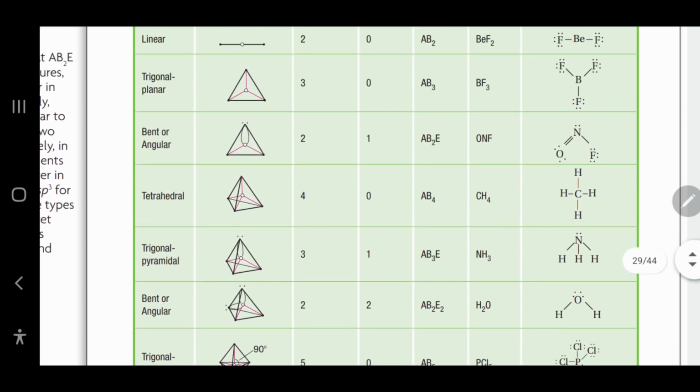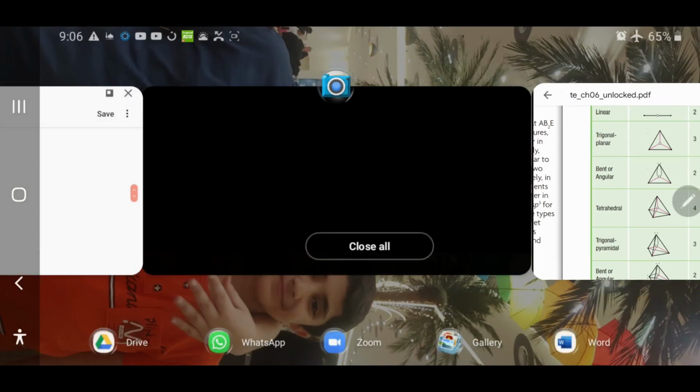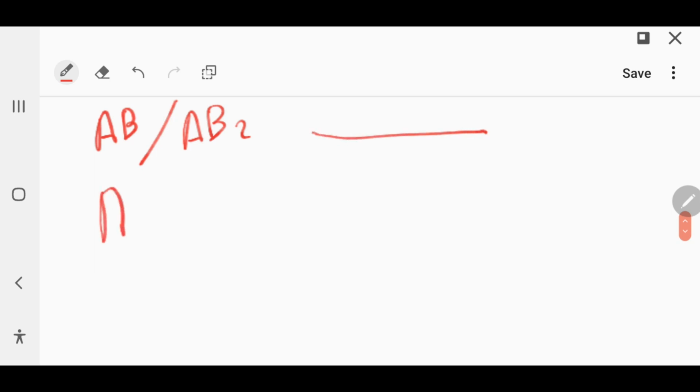And you just, as I said before, have to focus here on the general formula. So, I'll repeat it again here. If we have AB or AB2, then you will have a linear shape. If you have AB3, you will have trigonal planar.